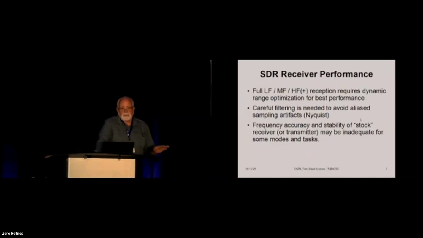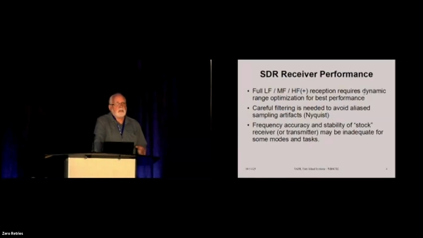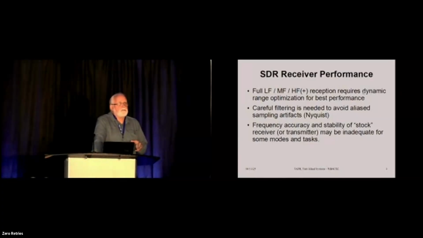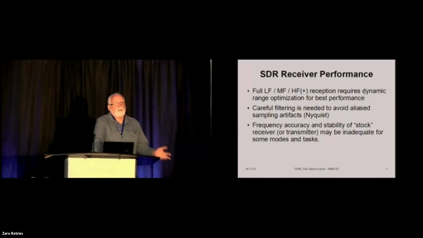It's interesting though, the full bandwidth receivers, like the ones that we're using to cover the entire HF band and 6 meters as well, if we set them up like that, they require a different type of optimization as opposed to traditional ham channelized or single band at a time receivers or transceivers, where you can get filtering that, if you're interested in the 40-meter band, you get the 40-meter band, and then you also get some analog filters, crystal filters and whatever, to get rid of the stuff you don't want to listen to.